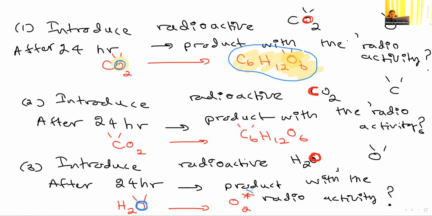Or I can say the plant is releasing radioactively labeled oxygen. What did the plant receive to emit this radioactively labeled oxygen? If the oxygen is radioactively labeled, the plant needs to receive water, with the oxygen atom being labeled.